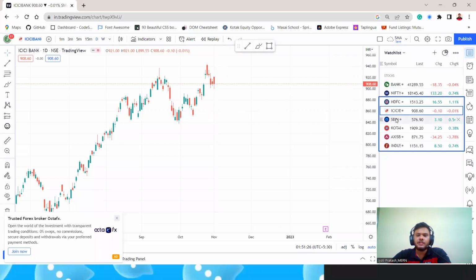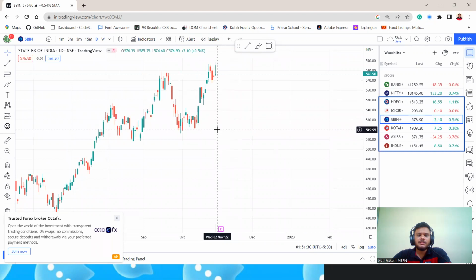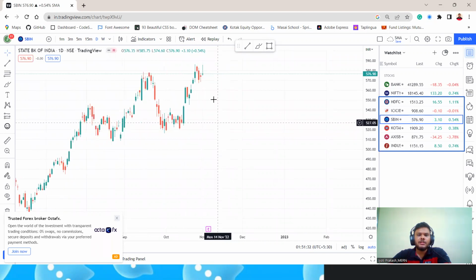Okay. Now let's look into SBI. Here you can see that SBI opened flat and continued to go up, and it traded around 585. After that, it showed some negative movement and closed around 576, which is 9 points below that high candle. You can expect some selling pressure here.